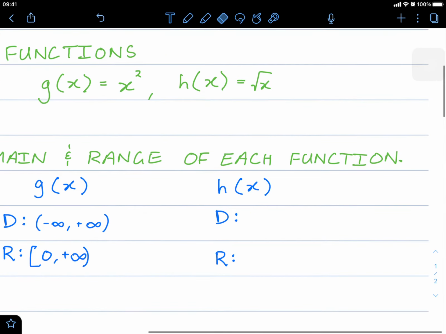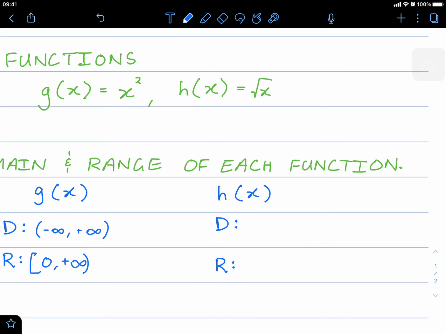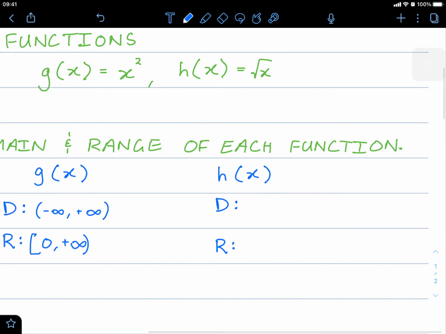As for h now, since it's the square root of x, the values that cannot be in here are negative values. That must mean its domain, the lowest value that can go into square root x is 0. So it begins on 0 and goes to positive infinity.